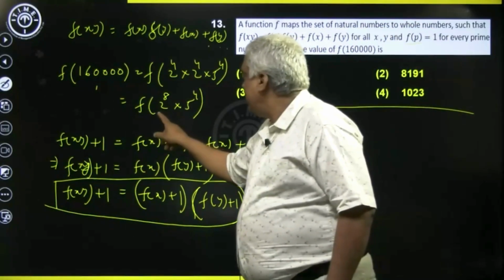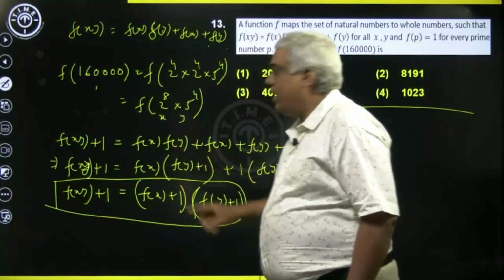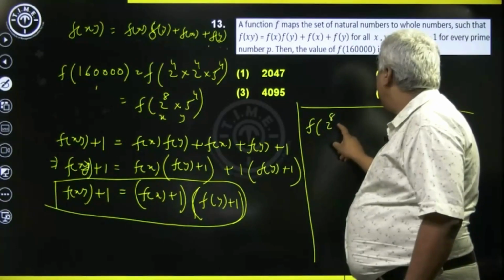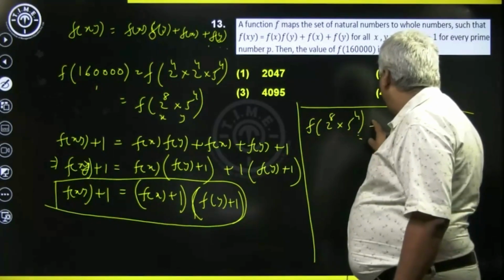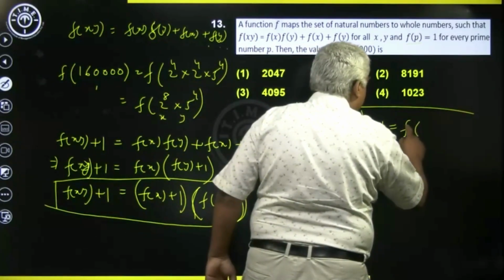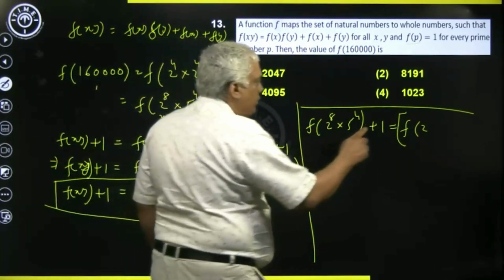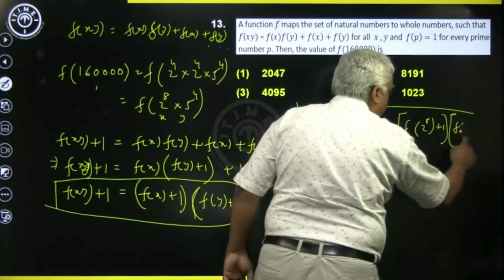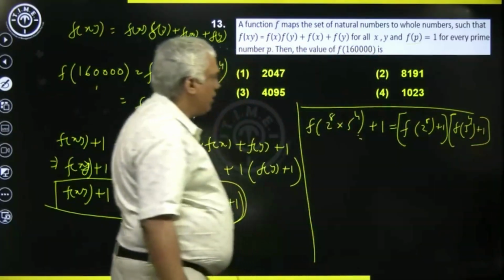If I take this as x and this as y, I can say f of 2 to the power 8 into 5 to the power 4 plus 1 is f of 2 to the power 8 plus 1 into f of 5 to the power 4 plus 1.